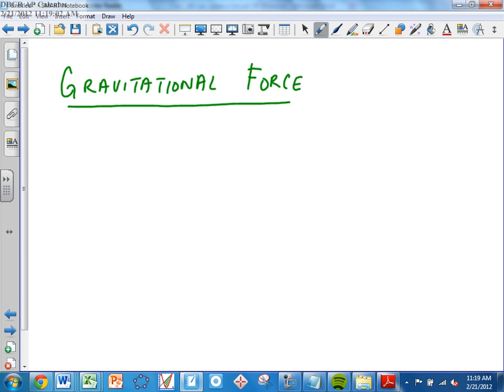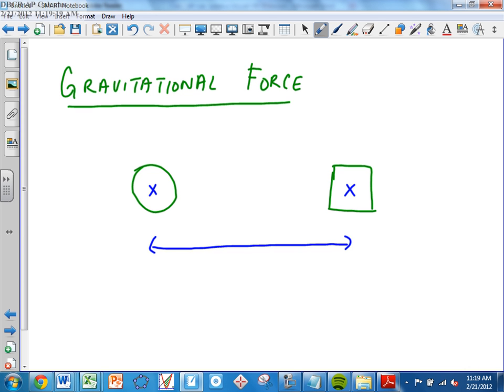So what we're thinking about now is if you have any two objects, it does not matter what the two objects are, does not matter what their shapes are. If we know that their centers of mass are at two different locations, this center of mass and that center of mass, and we are able to determine the distance between them, we can determine the gravitational force they exert on each other.